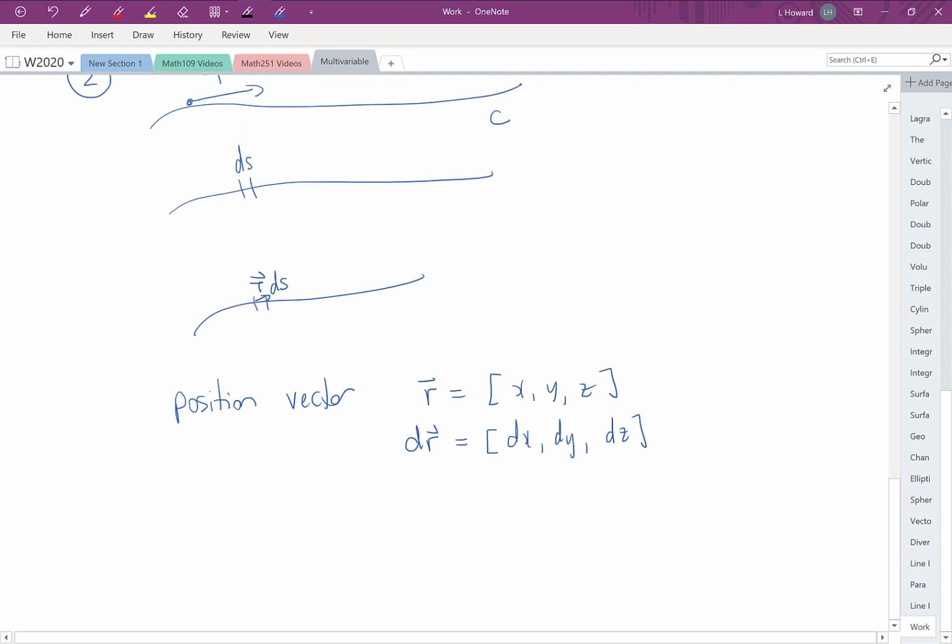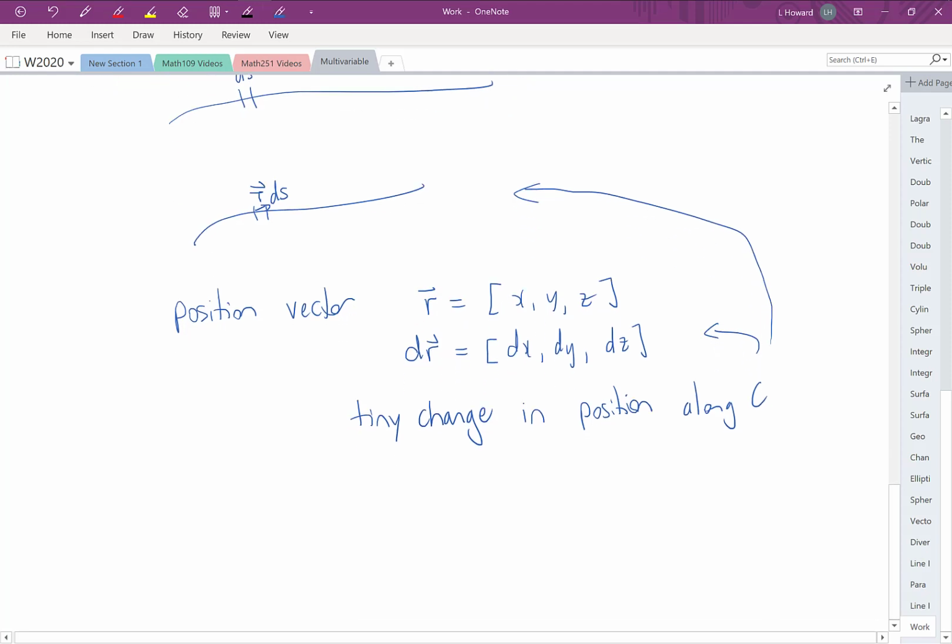And if we think about what this means, that's a tiny change in our variable, because that's what our differential gives us. And what's our variable? It's position. So it's a tiny change in position, traveling along C. So vector dr, a tiny change in position along C, is exactly what t ds is as well. So t ds and dr both represent a tiny change in position along C.